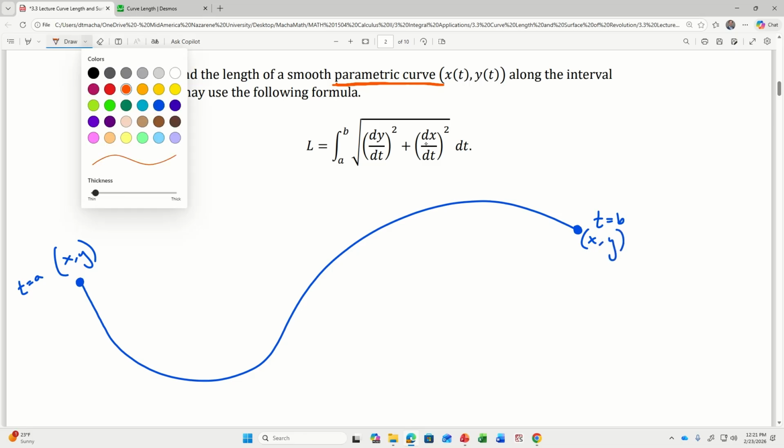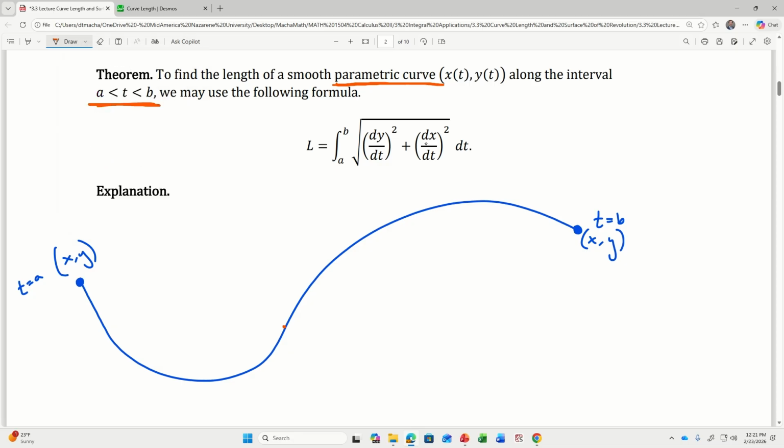And at every little place along this curve, we are going to have some kind of line segment. And I can break my line segment down into a vertical component and a horizontal component.